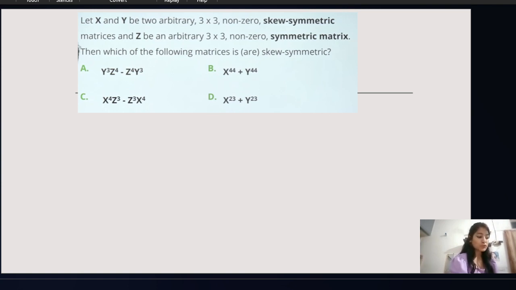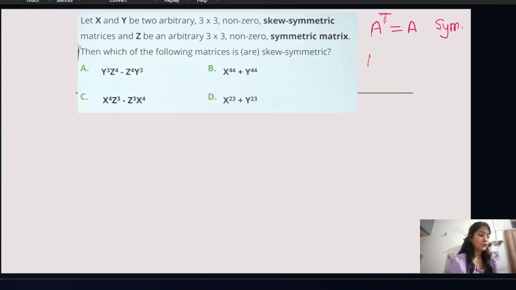To solve this question, you must understand what a skew-symmetric matrix is and what a symmetric matrix is. In the second lecture, I discussed these two matrices in detail. So let me write it in short. Suppose you have any matrix A, and if you find the transpose of this matrix A and you get the same matrix, then it is a symmetric matrix.